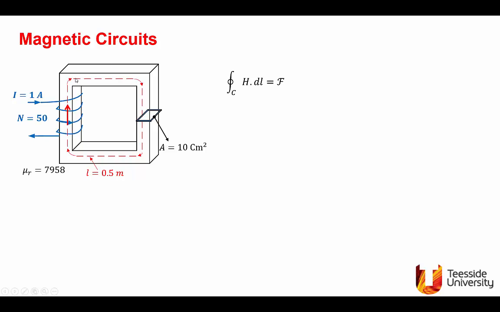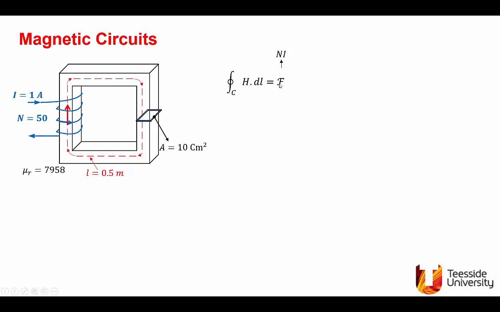We look at this red flux contour. The magnetomotive force that is acting on this flux contour is the total current enclosed by the contour, and the total current enclosed by the contour is 50 turns multiplied by 1 amp, so it's Ni. Apply Ampere's circuit law.